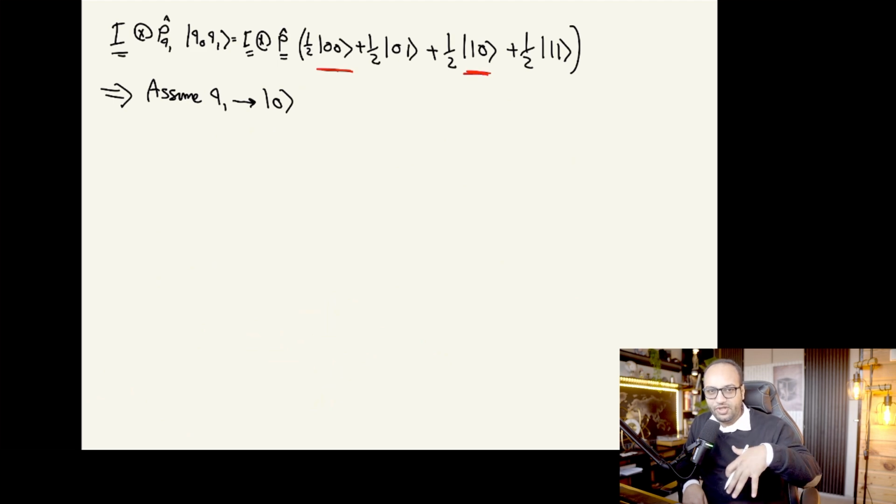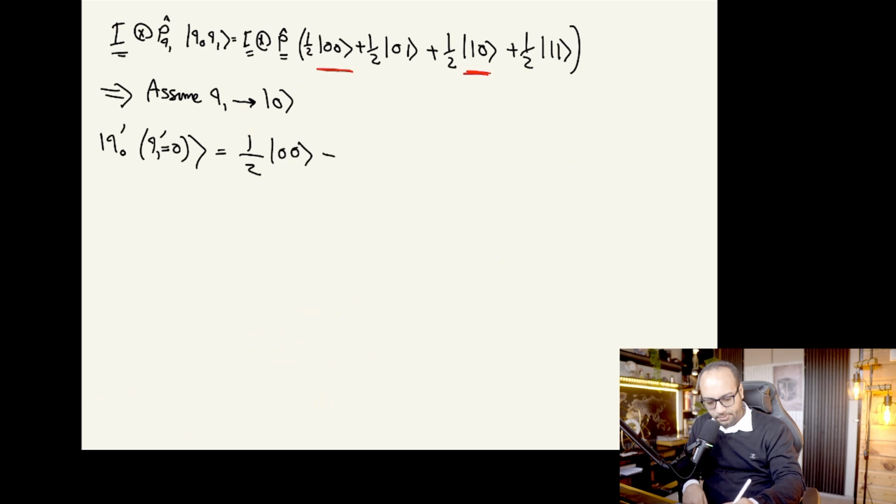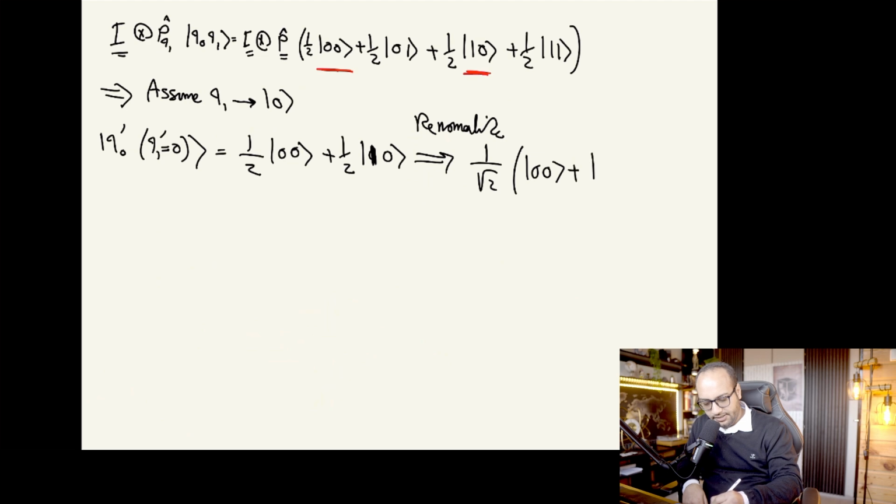So the superposition of this qubit has disappeared, and we are left with the superposition in the first qubit. Then Q0, where Q1 is 0, prime, will equal half ket 00 plus half ket 10. Then we have to renormalize. Then we have 1 over root 2 ket 00 plus ket 10.